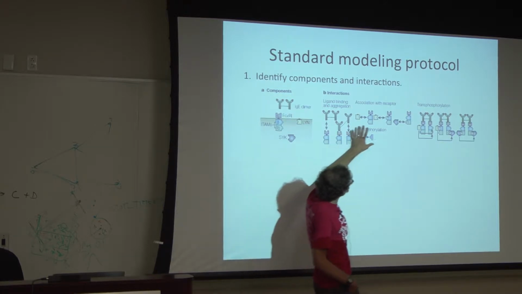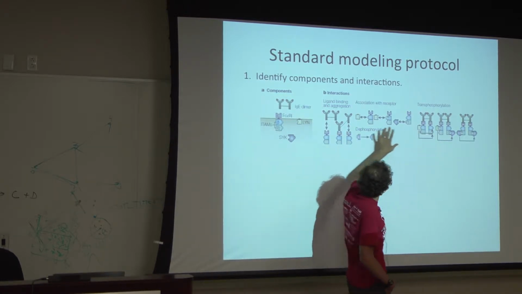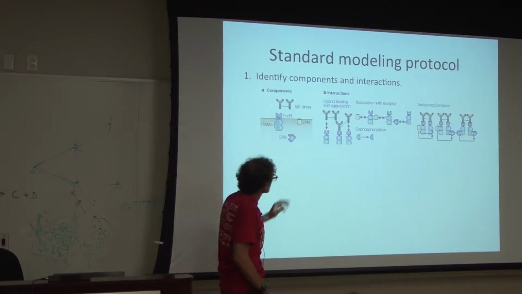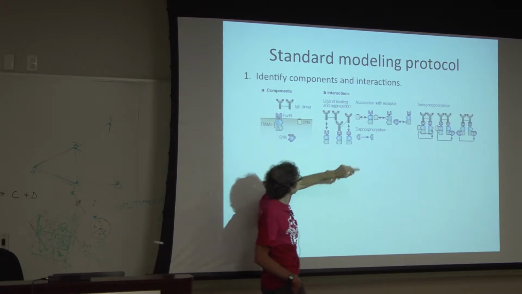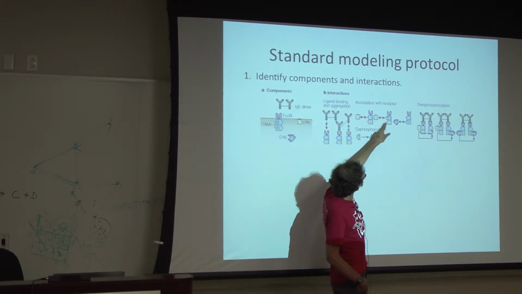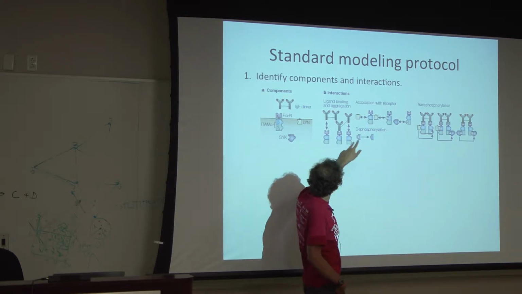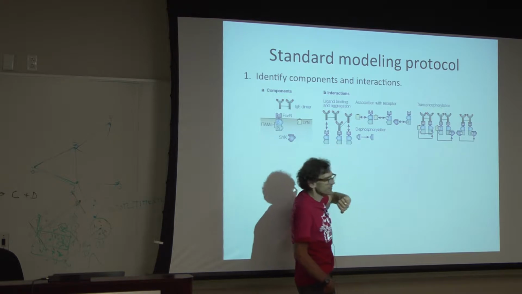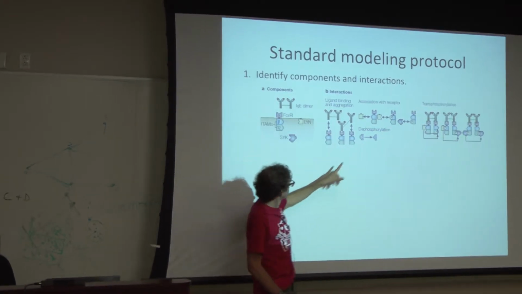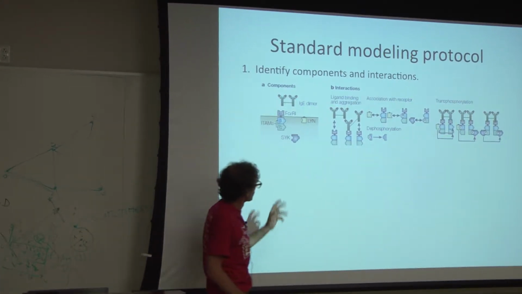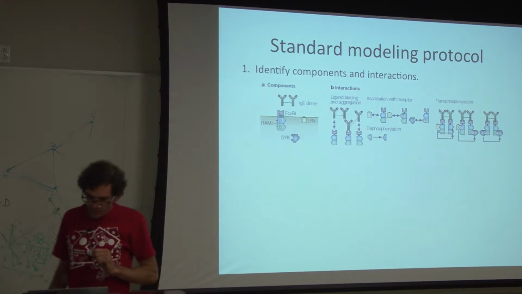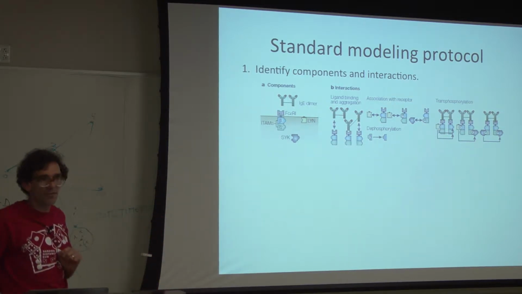So it's very easy to represent the biochemistry in terms of these simple interactions, simple arrow diagrams. The kinase associates with the receptor in both unphosphorylated and phosphorylated state. There's a dephosphorylation reaction that affects all of the different sites in our model, and so on and so forth. So this seems like a fairly simple system.